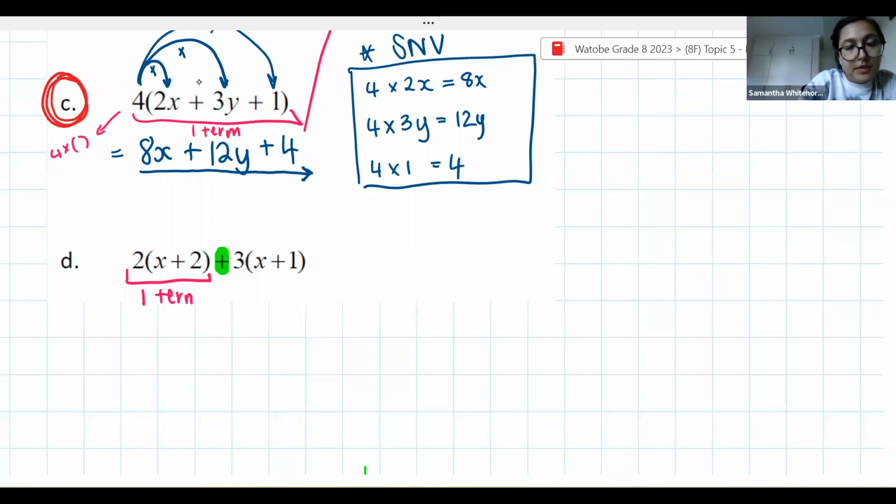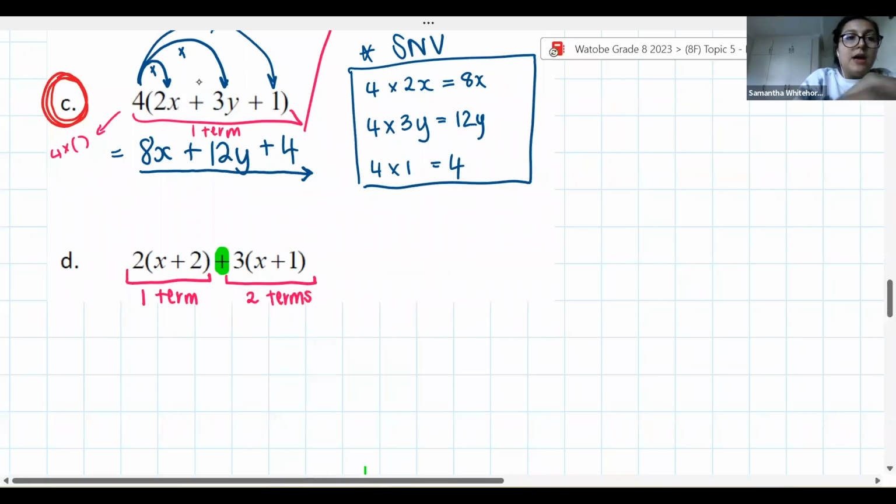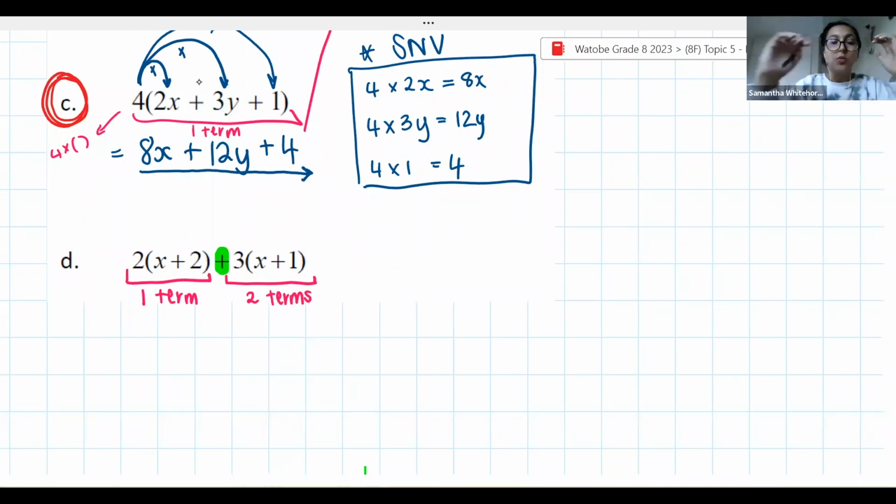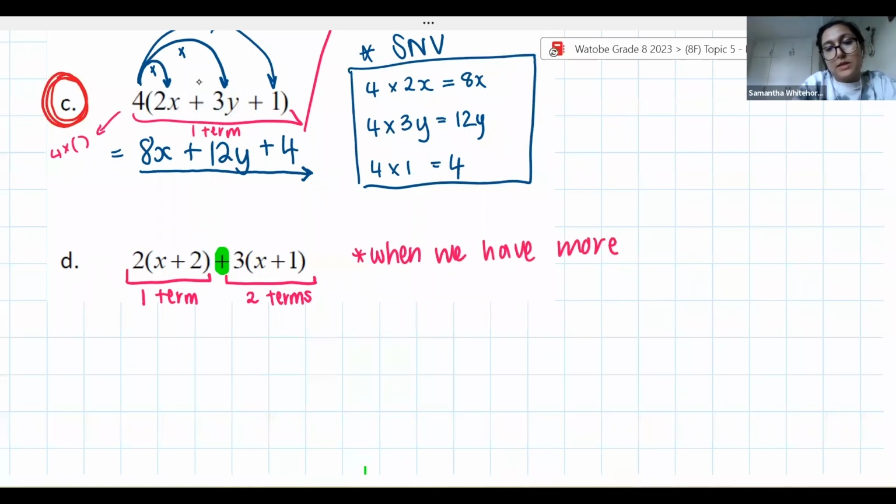There's my first term and there is my second term. Now what that means is I need to deal with each term separately. So let's make a little note here. When we have more than one term, we want to simplify each term separately.